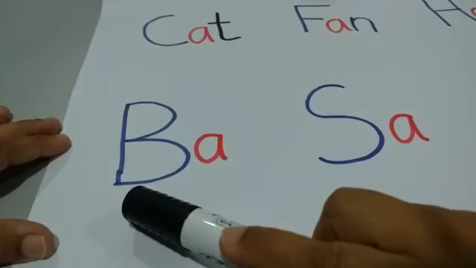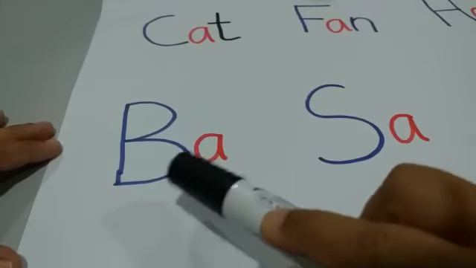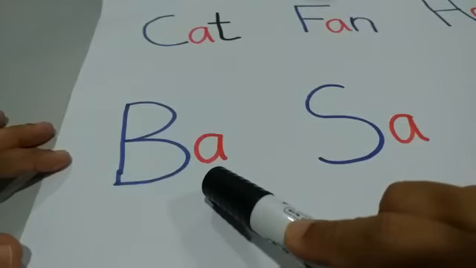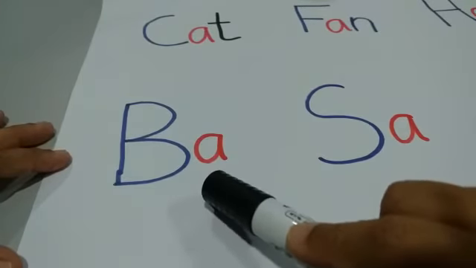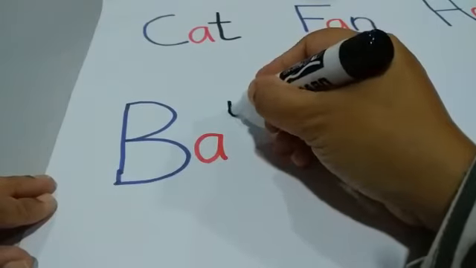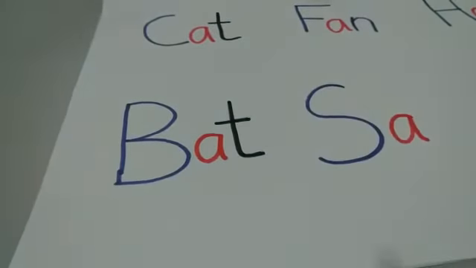Next is B and A. So what's the sound of B and A? Open the mouth and say ba. Okay? Now teacher is going to put one more letter. What's this letter?